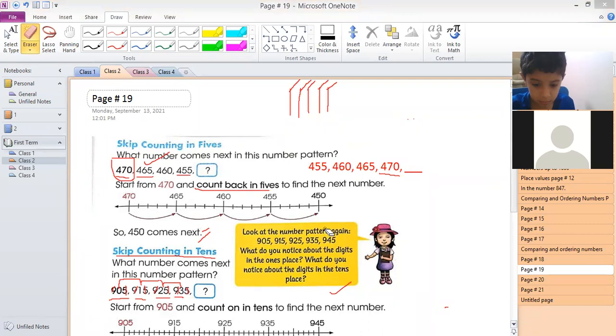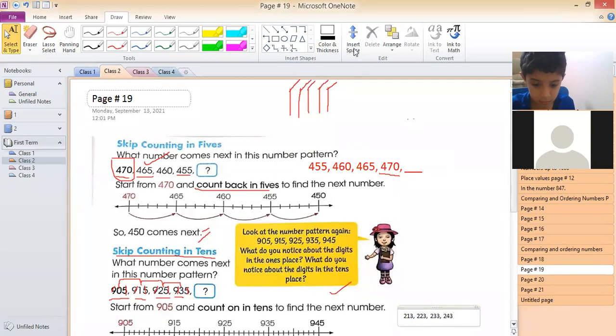Very good. Okay, I'm writing a number here. Let's suppose this is 213, 223, 233, 243.